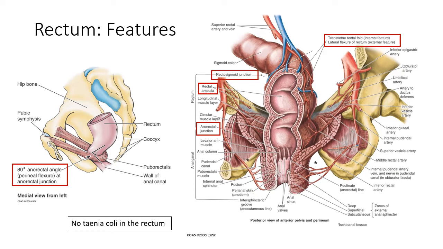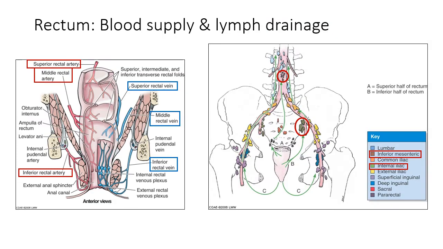The point where the tinea coli disappear is the point of the rectosigmoidal junction, the end of sigmoid and the beginning of rectum.